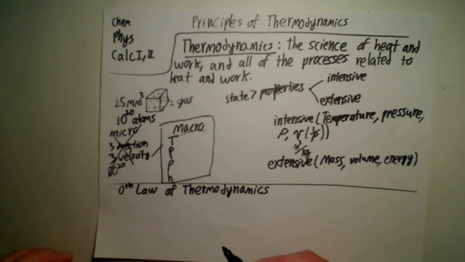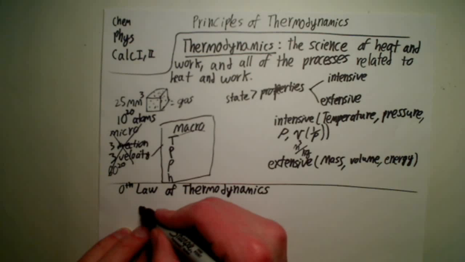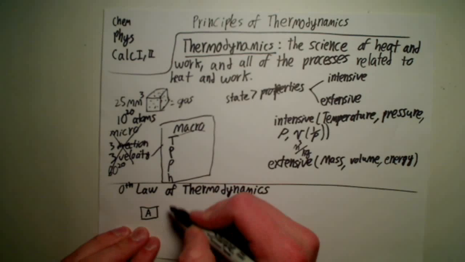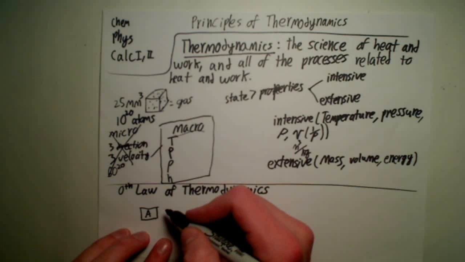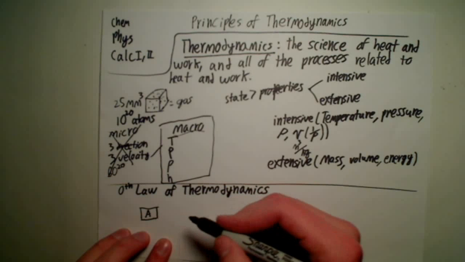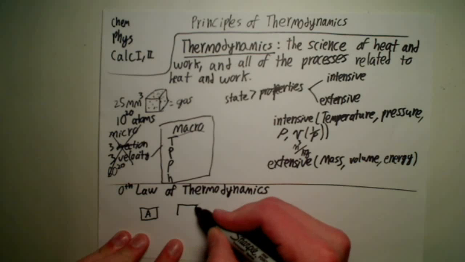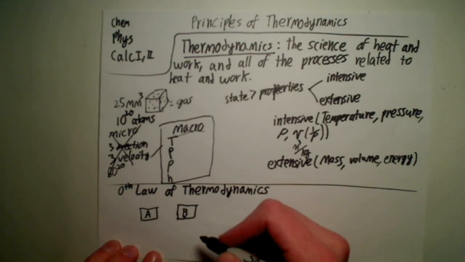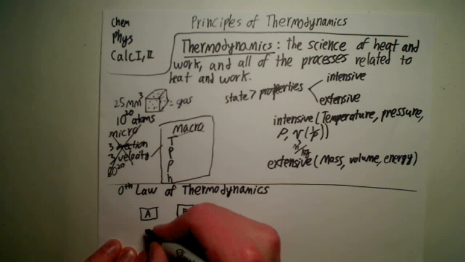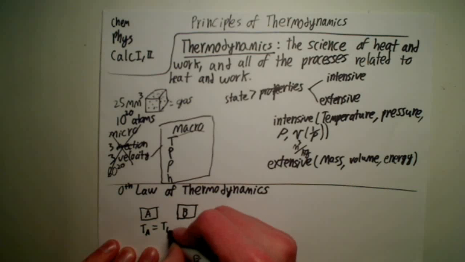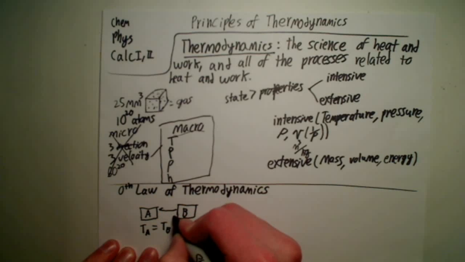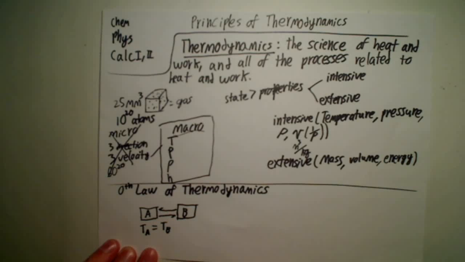And it goes as follows. Let's say I had this body of mass A. It doesn't really matter what it is, it just is. And there is another mass called B. And we know that the temperature of A equals the temperature of B. So these two things are in some sort of thermal equilibrium.